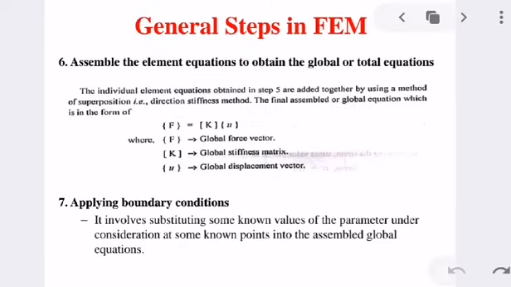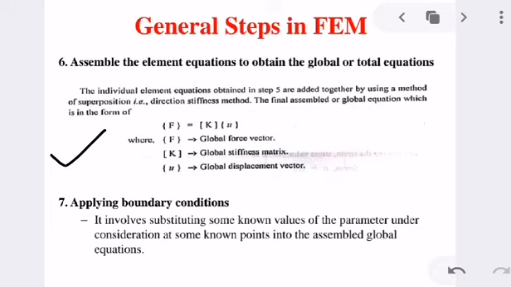And after that, we will assemble those elemental equations into a single global total equation. It will be in the form F is equal to K times U, where F is the global force vector, K is the global stiffness matrix, and U is the global displacement vector.